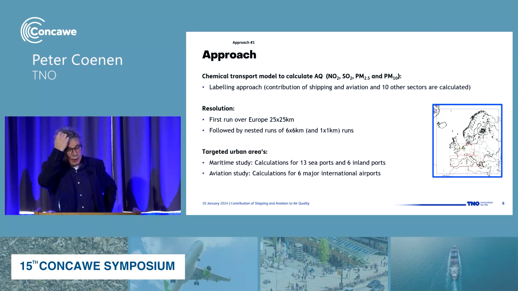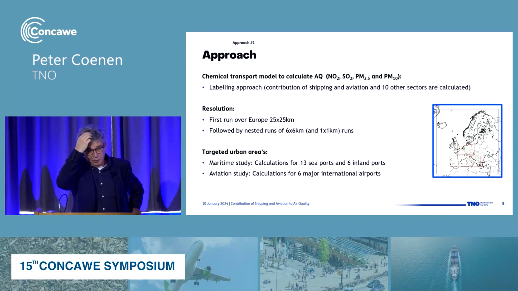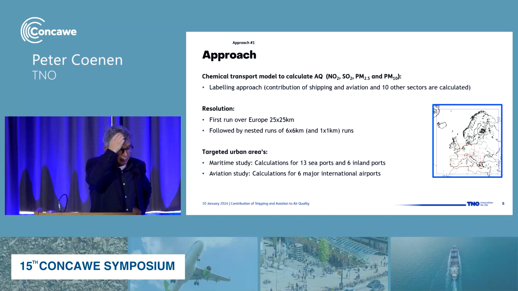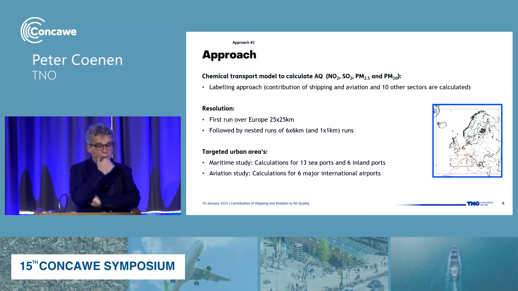Our approach was that we use our LOTOS-EUROS TNO chemical transport model, which has a labeling feature in which we can label the emission sectors and follow them throughout the model.